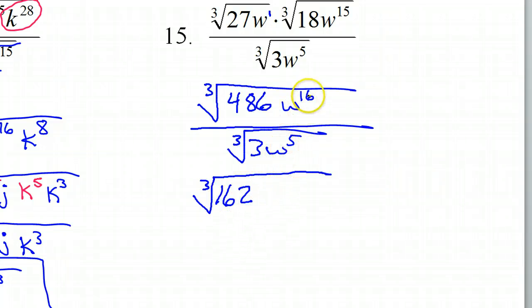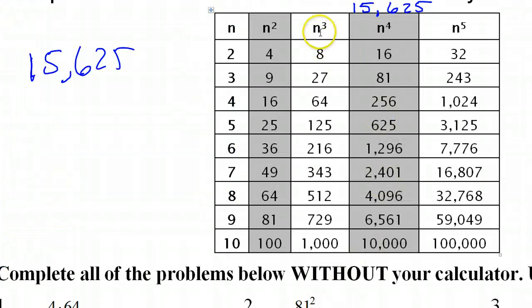Now remember, when we're dividing, we basically subtract. So this will be w to the 11th power, since 16 minus 5 is 11. So this is not looking too bad. Now, cube root. I'm betting 162 is not on the list. So let's work it out.